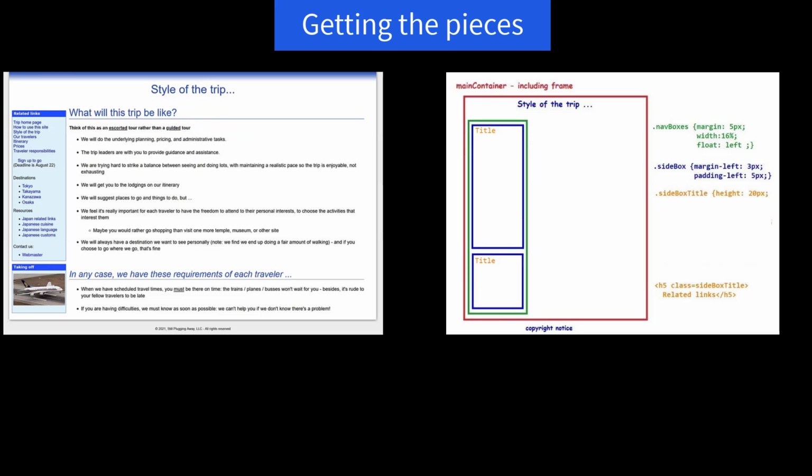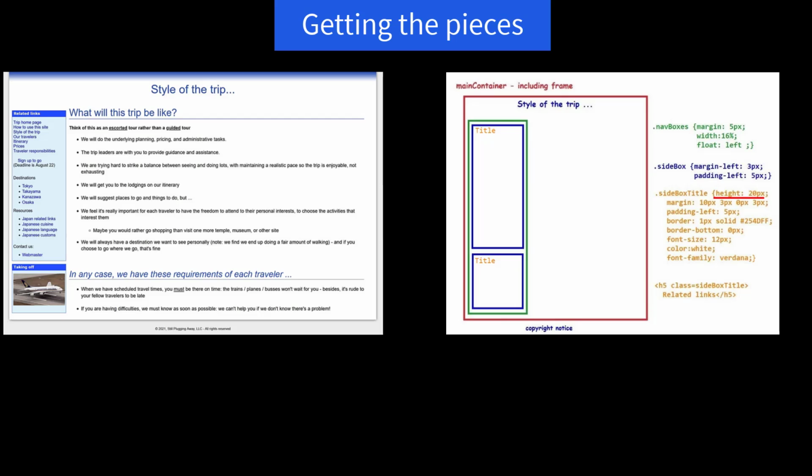Height 20 pixels, margin 10 pixels, 3 pixels, 0 pixels, 3 pixels, padding left 5 pixels, border 1 pixel solid, hashtag 254DFF, border bottom 0 pixels, font size 12 pixels, color white, font family Verdana. And we use this style in the H5 element.